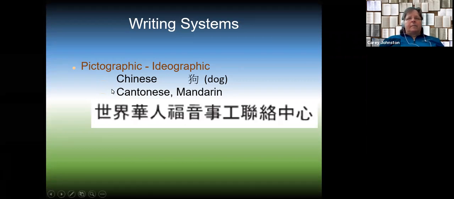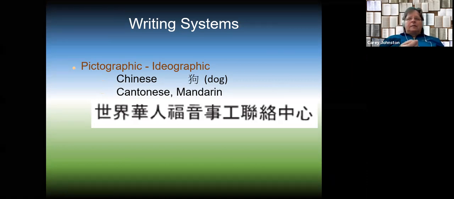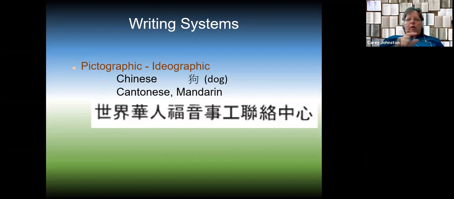Chinese is one example of that, where this symbol represents dog, and it doesn't have a particular sound correlation because this writing goes across several languages, for sure Cantonese and Mandarin in China. So you can use the same symbol and it'll be pronounced differently depending on which language is pronouncing it. But it means dog.